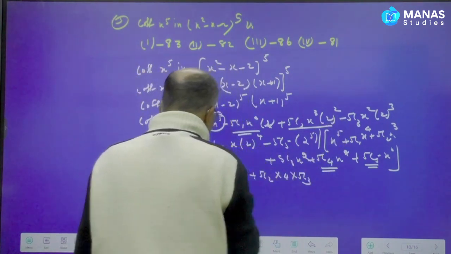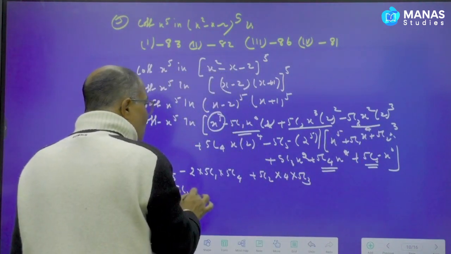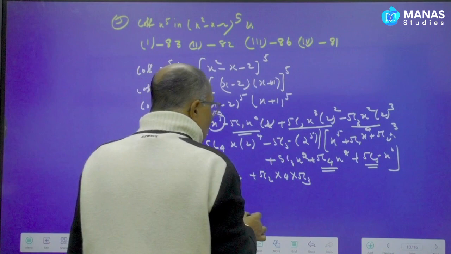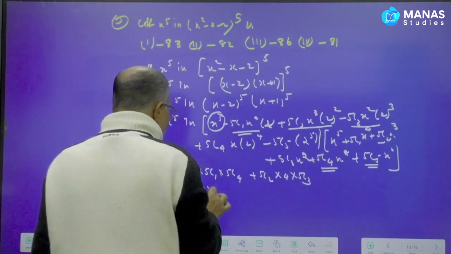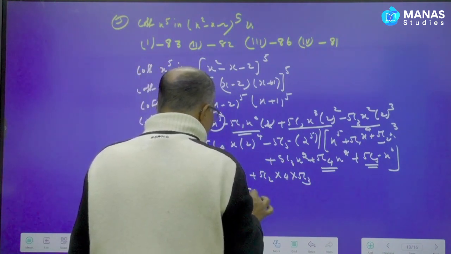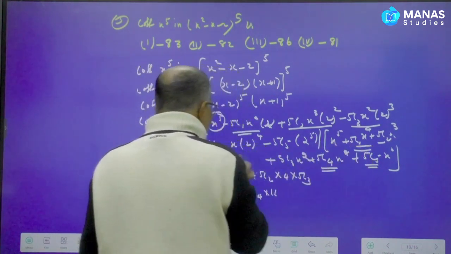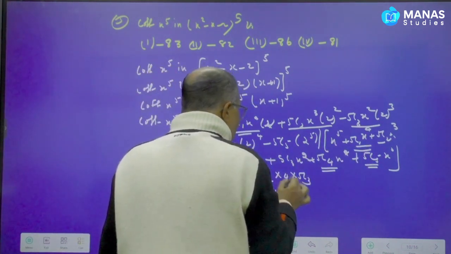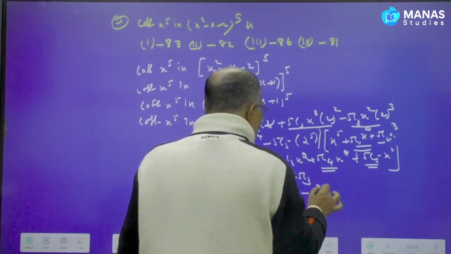Then minus 5c3, this one, multiplied by 8, multiplied by 5c3 multiplied by 5c2, this one, 5c2 into 5c2. Then 5c4 multiplied by 16 multiplied by 5c1, this and this. The last is minus 5c5, that is 1 into 2 power 5, that is 32.